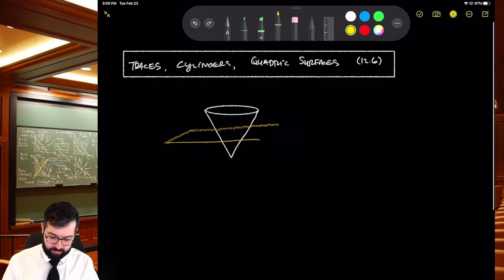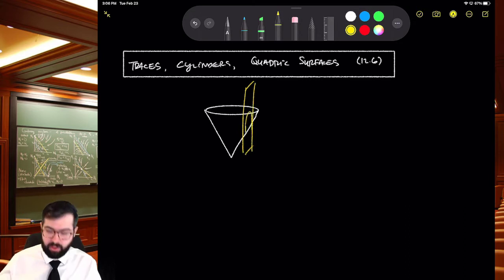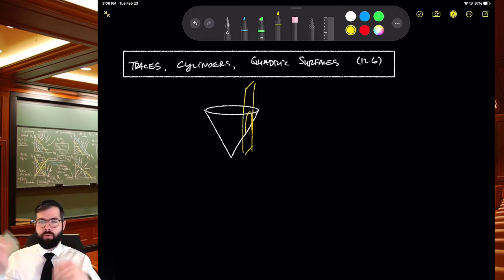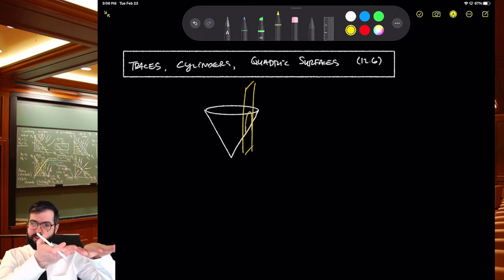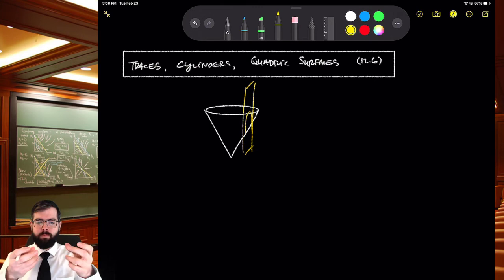So if I instead sent the sheet of paper straight down, what would happen? I'd get some sort of parabola looking thing, right? And all different sorts of variations of that. If you sent it at a slant angle, you'd get an ellipse instead of a circle, right? So all the different degree 2 shapes that we'll see now in 3D, that's what we're going to be looking at.